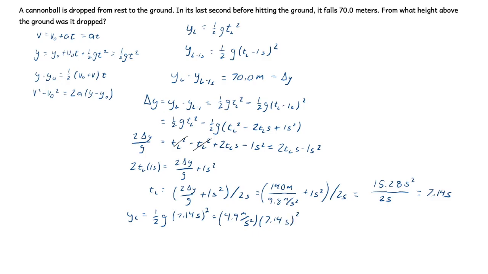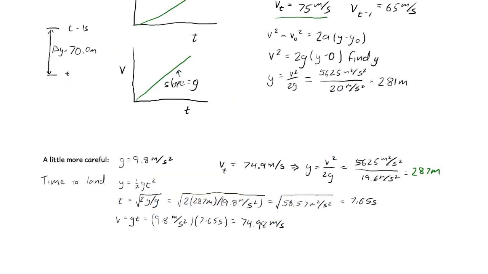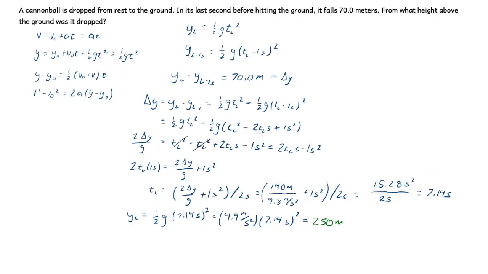So the seconds squared are going to go away and I'll end up with just meters. That's good. So 4.9 times 7.14 times 7.14 gives us about 250 meters. The old one said 287 meters. So let's go back and figure out what's going on here.